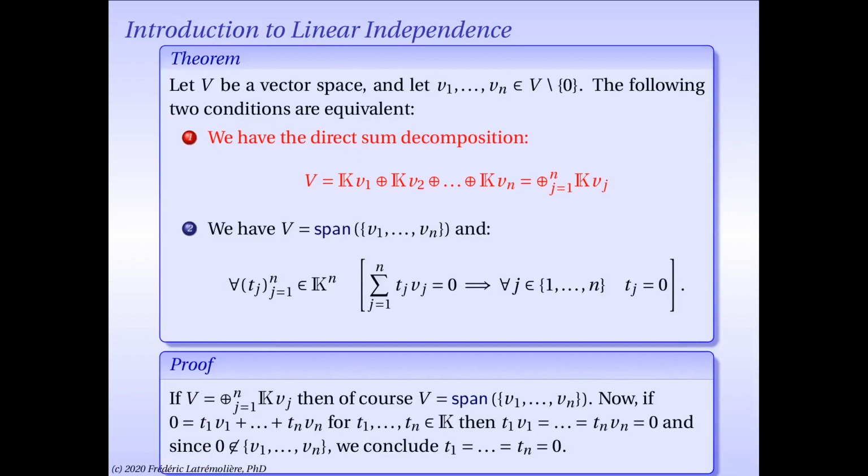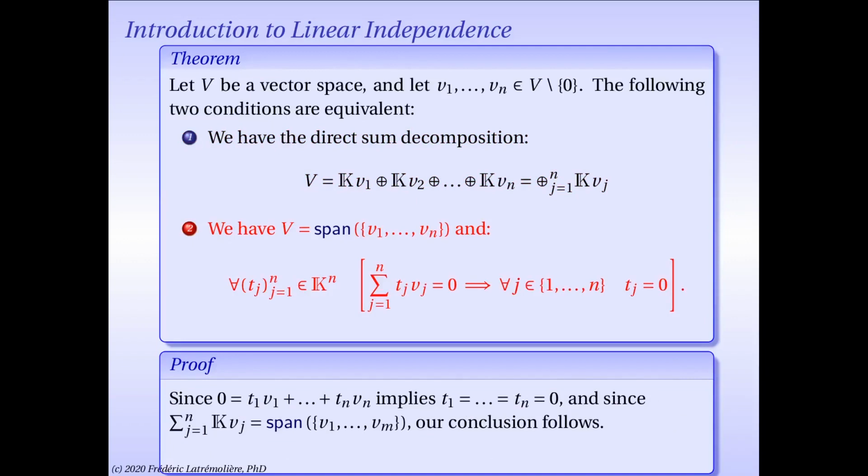So t1 v1, t2 v2, etc., tn vn are all 0. But for convenience, I assume that v1, v2, etc. vectors are non-zero, so that forces the scalars t1, t2, etc., tn to be 0. And I have shown that 2 actually holds.